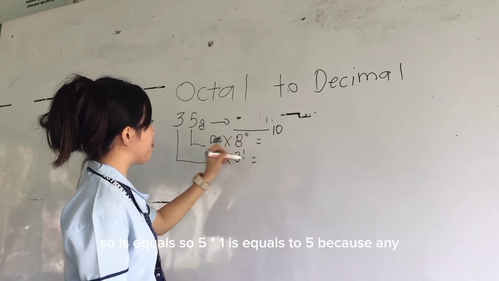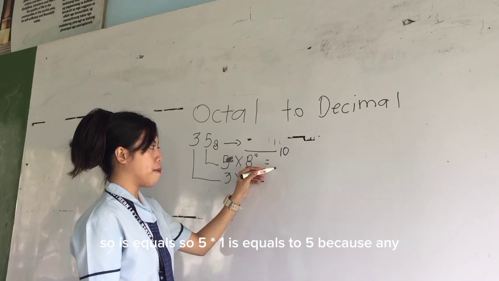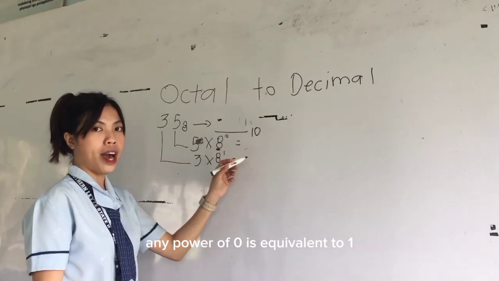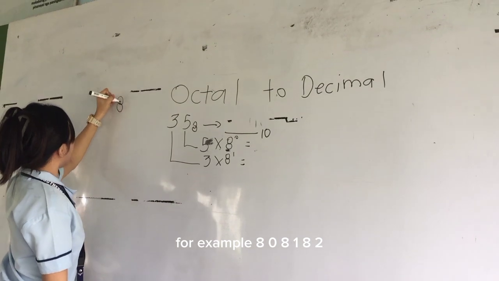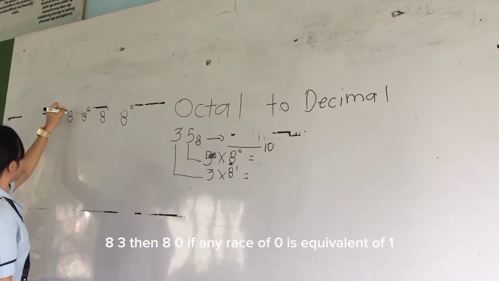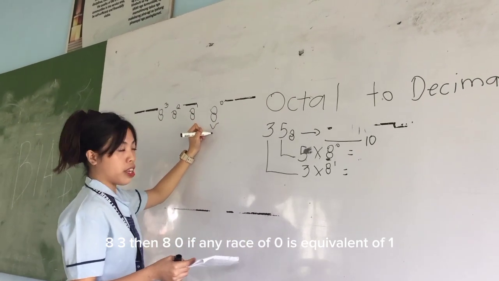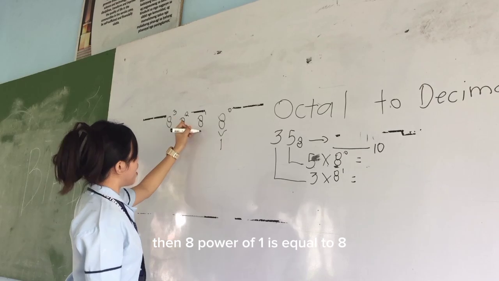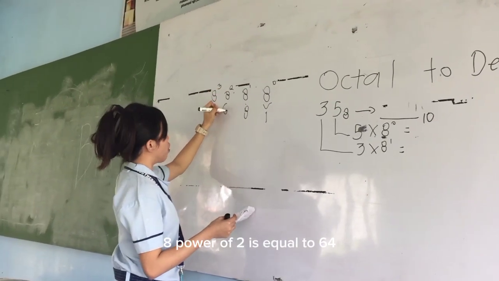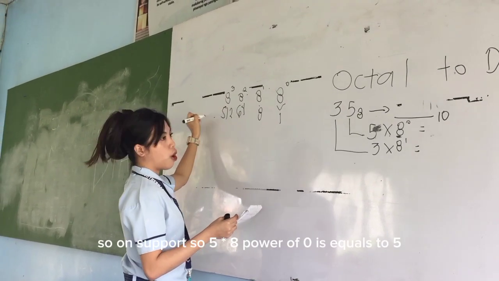So 5 times 1 is equal to 5 because any power of 0 is equivalent to 1. For example, 8 to the 0, 8 to the 1, 8 to the 2, 8 to the 3. Then 8 to the 0, any number raised to 0 is equivalent to 1. Then 8 power of 1 is equal to 8. 8 power of 2 is equal to 64. 8 power of 3 is equal to 512, and so on and so forth.